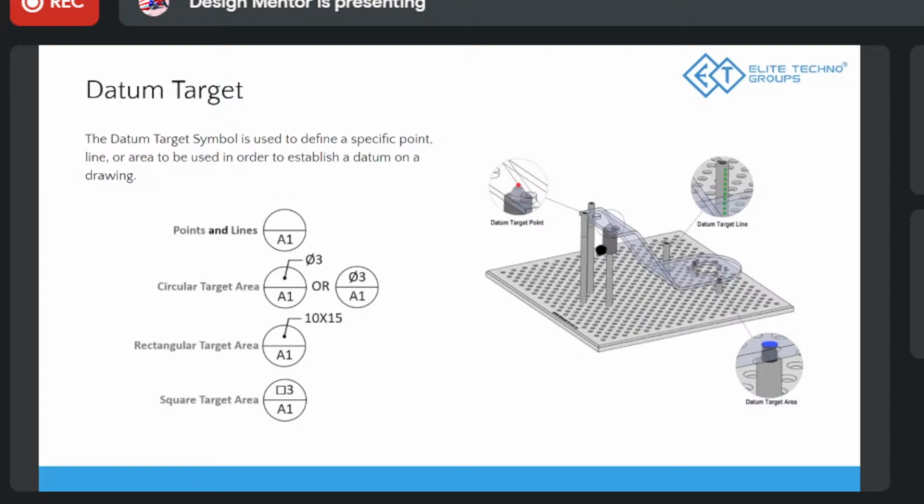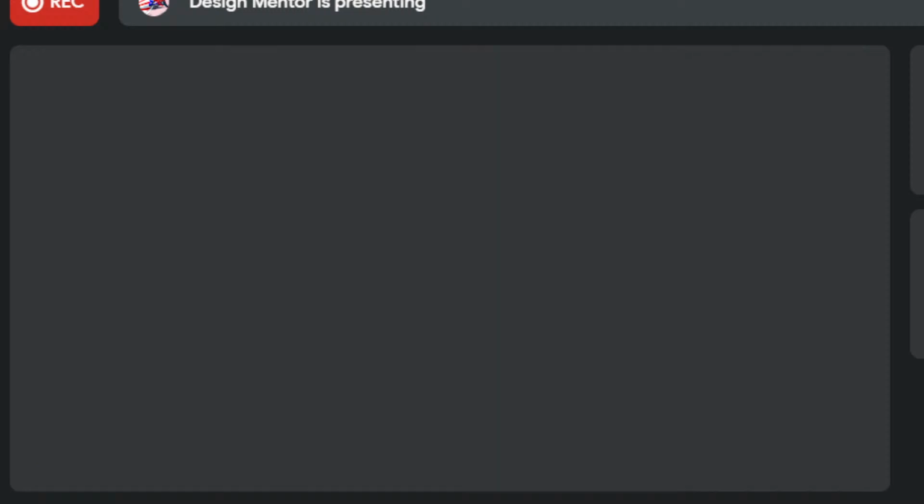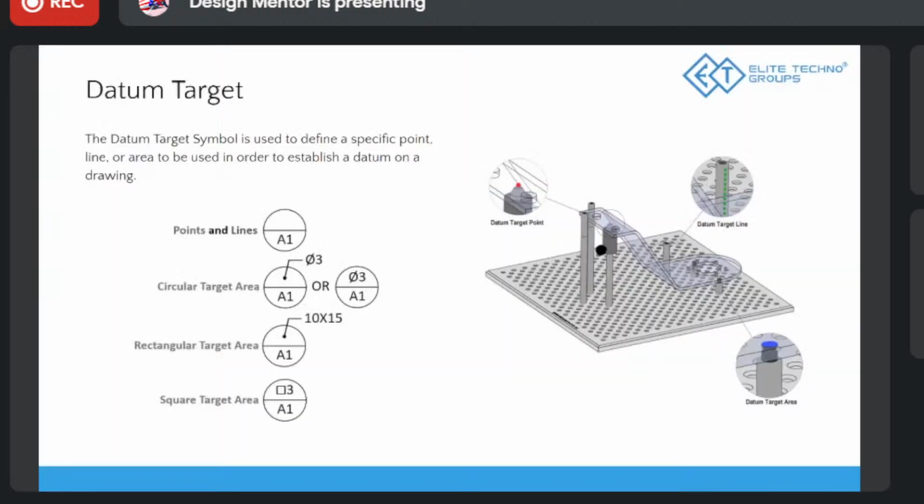So in such an example, we use datum targets. If we can't have a surface like this, we'll just use a point, like a stabilizing thing, and we'll stabilize it here. We'll put one more here, and then it will be stable and it won't move a lot, right? So you can see there are three types of datum targets.